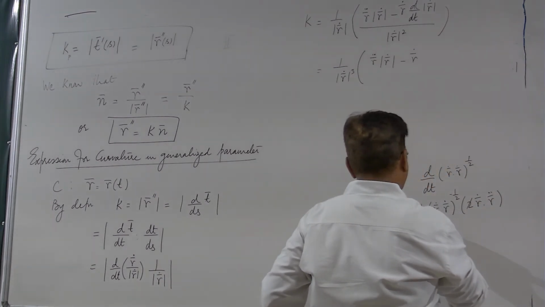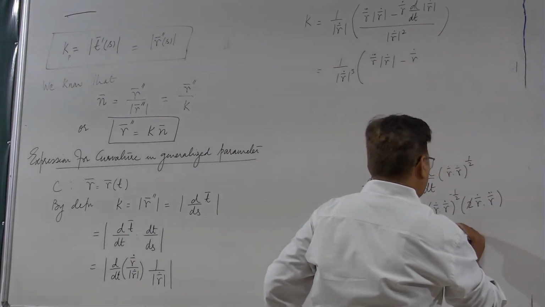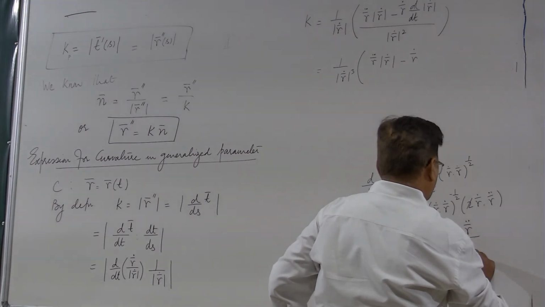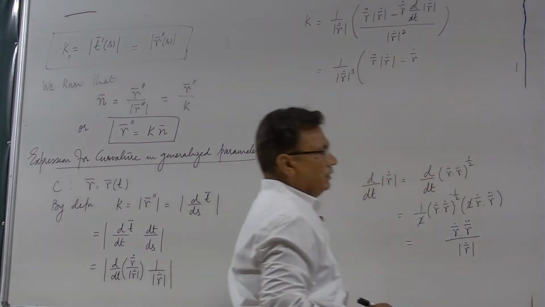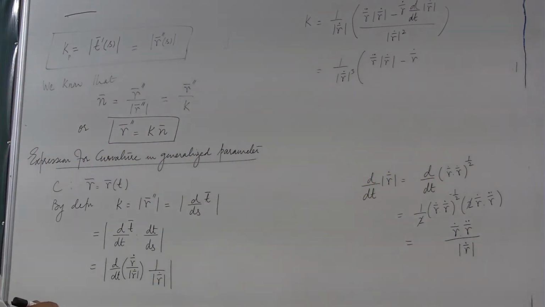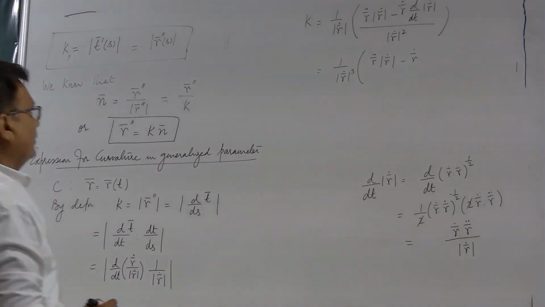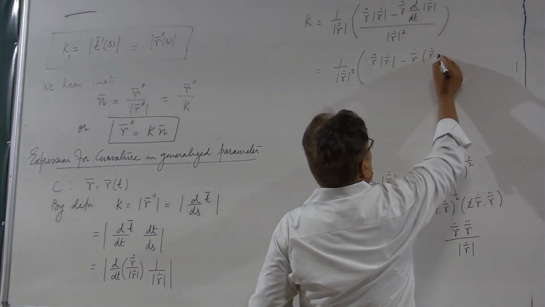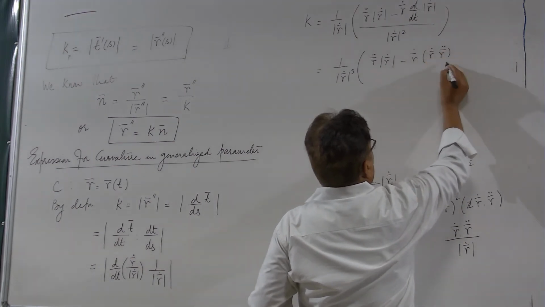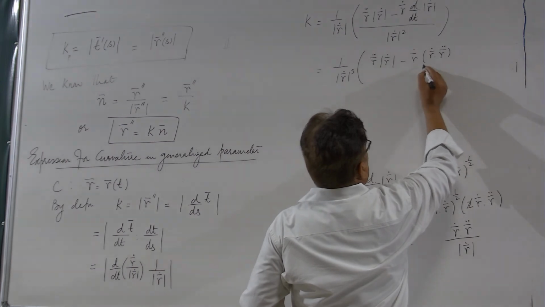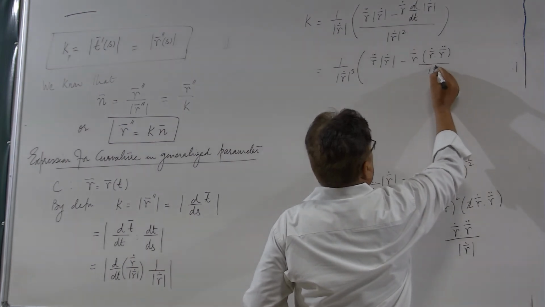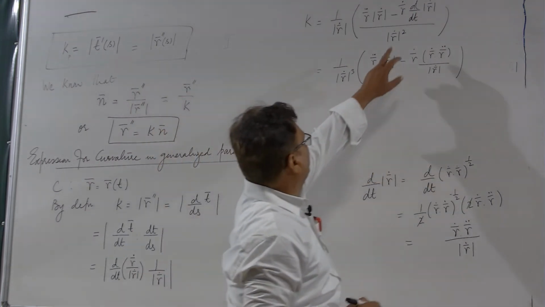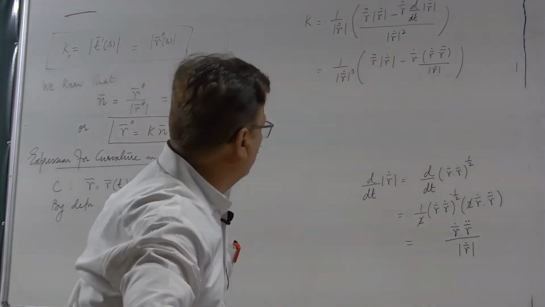So 2 goes off, and it becomes (r dot . r double dot) upon mod r dot. So this comes out to be the derivative of mod r dot with respect to t. This we have already taken out.